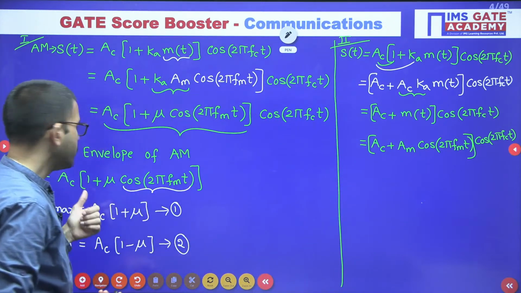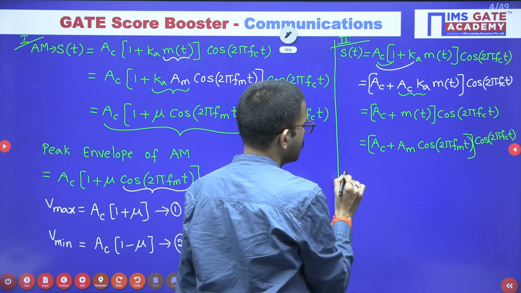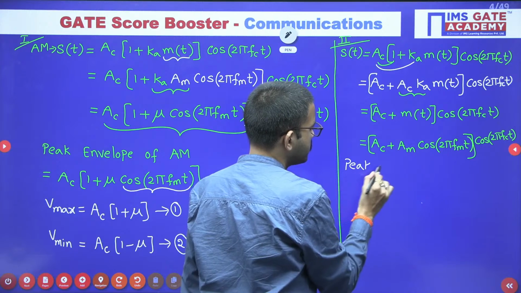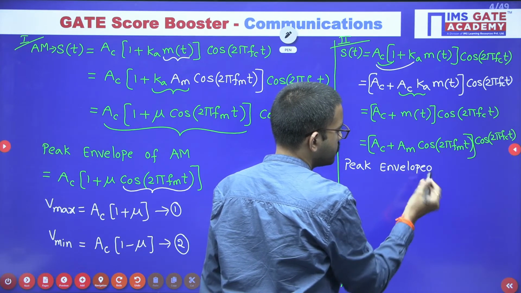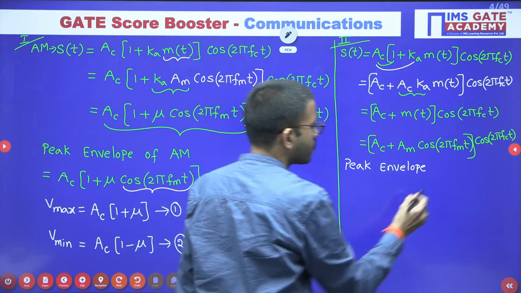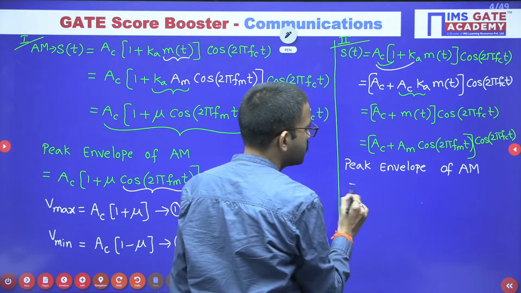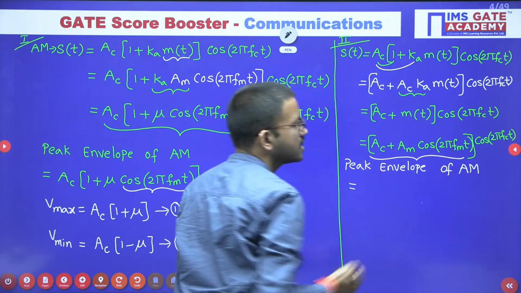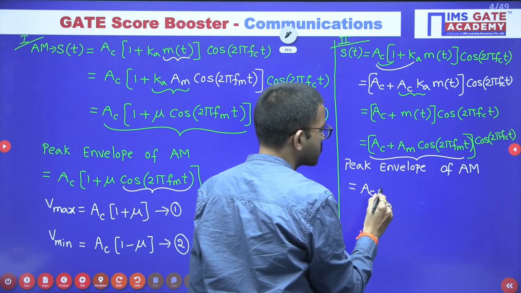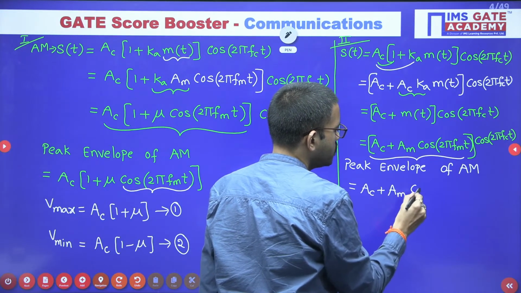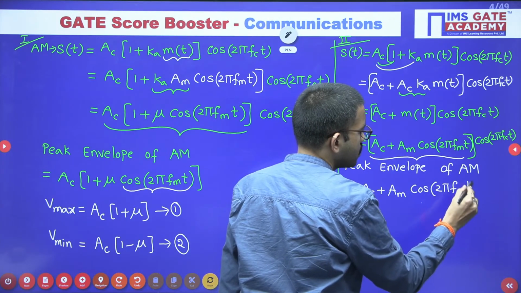This entire term is the peak envelope of AM: AC plus Am cos 2 pi fm t.